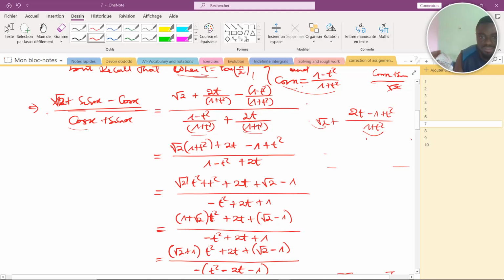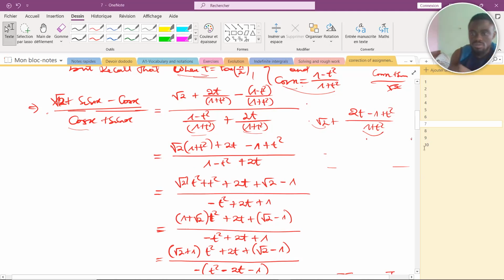I'll bring terms in t squared together. So here I have root 2 plus t squared. So I'll develop this and group terms in t squared. So this I'll have root 2t squared. There is t squared here. I group it plus 2t. There is root 2 here minus this one. Is that okay?